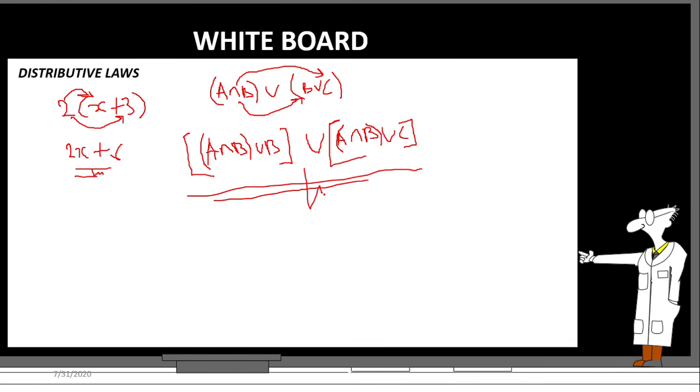Sometimes the set will be in a simple form like this. So this is how it distributes.